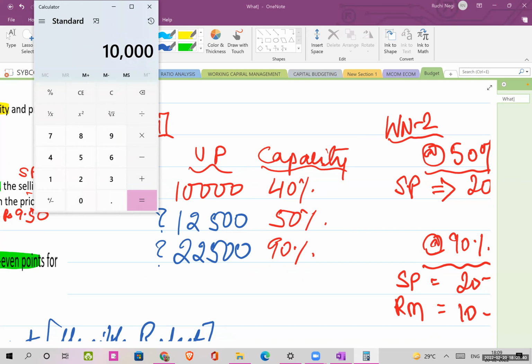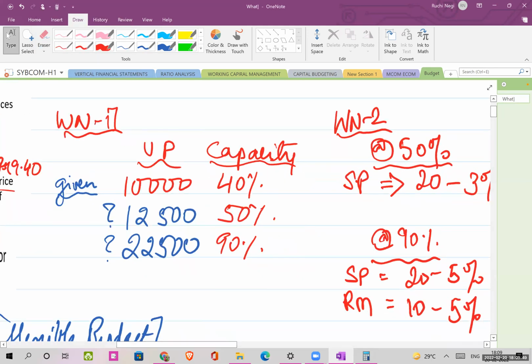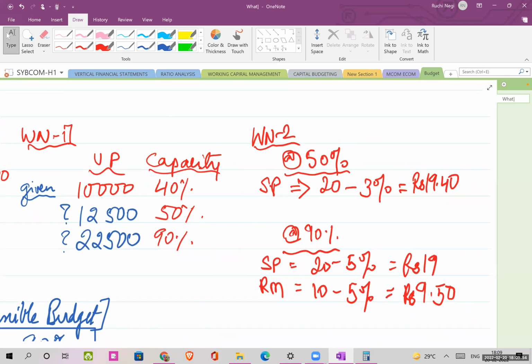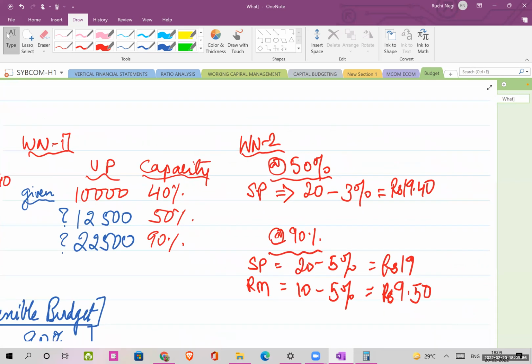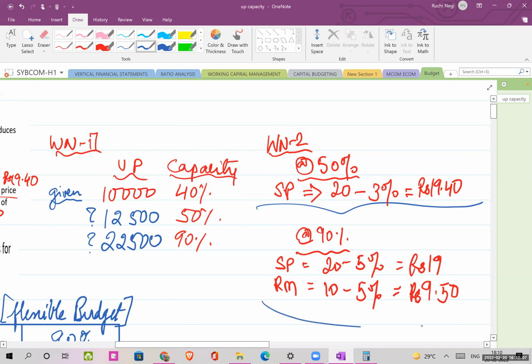Next, 10,000 into 90 divided by 40 is 22,500. So this completes my first working note, and this is working note number 2, which I explained at the beginning of the question. At 50%, there will be a change only in the selling price, and at 90%, there will be a change in selling price as well as raw material price.